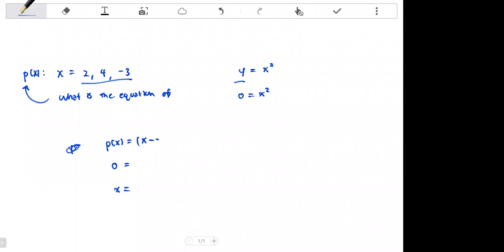I'm going to give you the answer right now. Tell me why you think I wrote it like this. It's x minus 2 when our solution is 2, and x minus 4 when our solution is 4, and x plus 3. Why do you guys think that the signs are the opposite when you write it in this way?